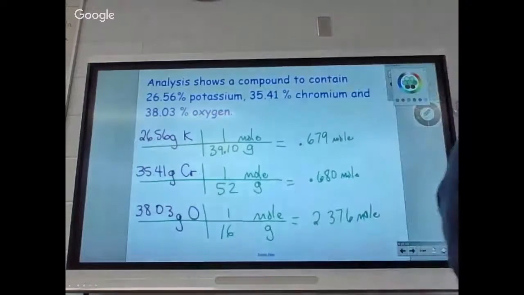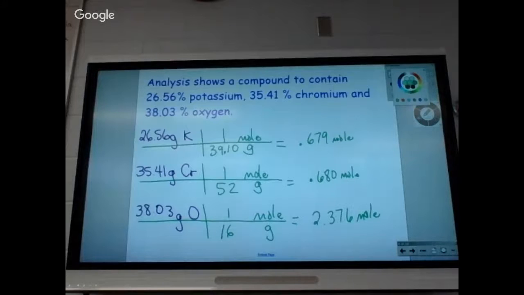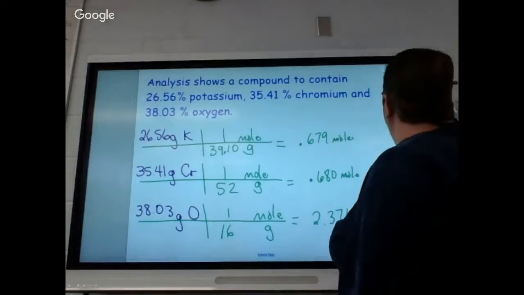All right, what do I do from there, Brooke? Write the formula. Not yet. You've got another step yet. The smallest one. Okay, what's the smallest one? 0.679.